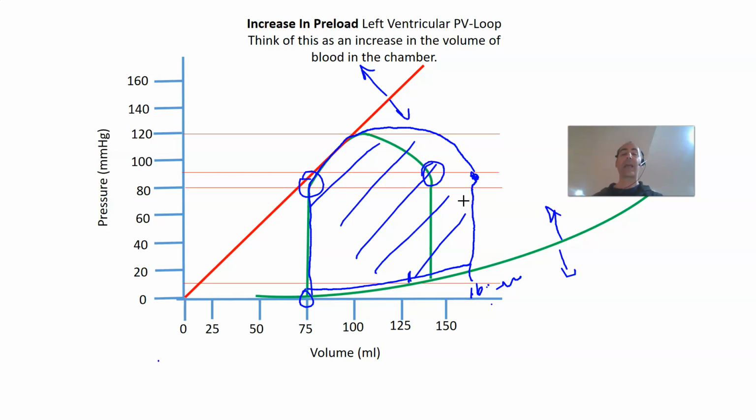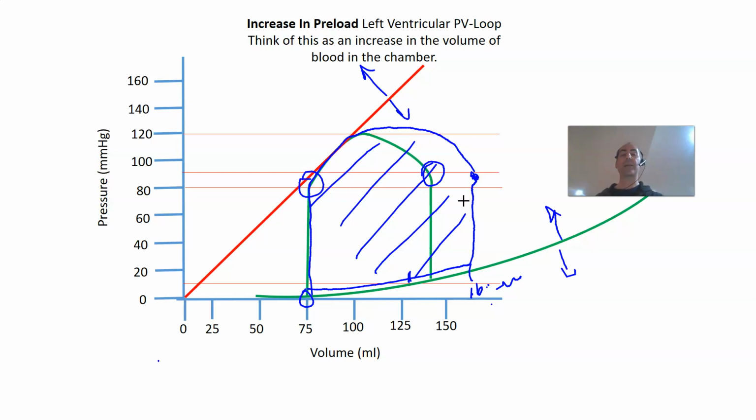Now, something I haven't mentioned yet, but you've got to go back to skeletal muscle, and this is why everything in physiology builds on everything else. If you remember resting length in skeletal muscles when we were using the bicep example, resting length and optimal length are exactly the same position.